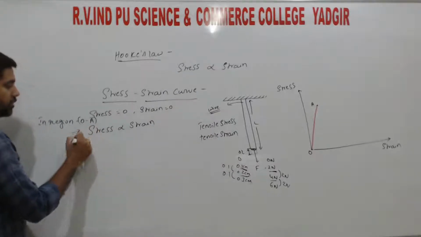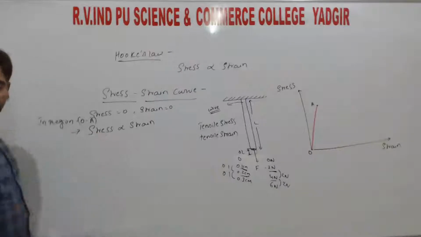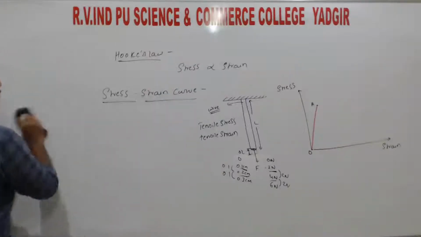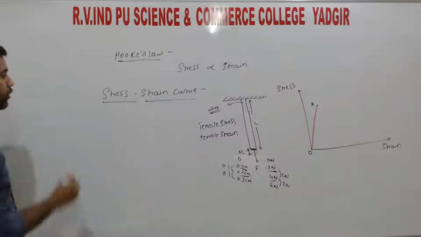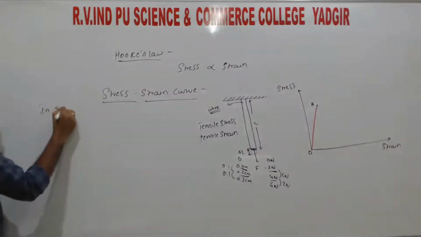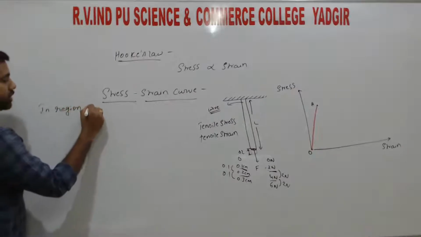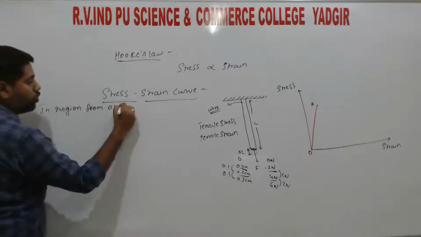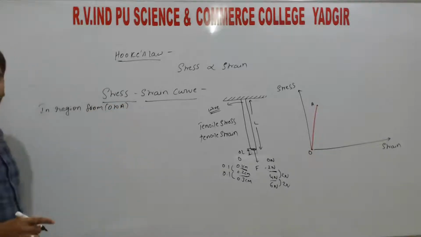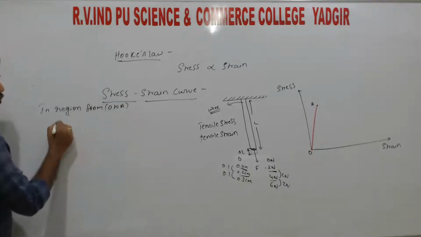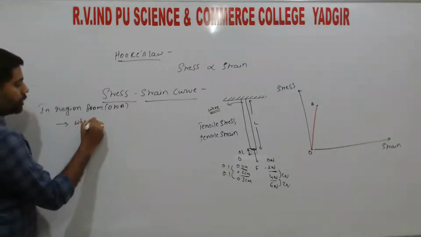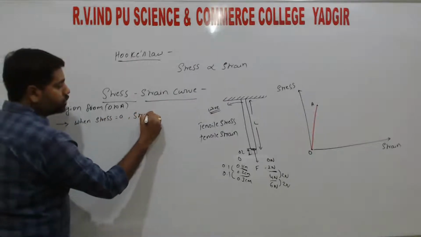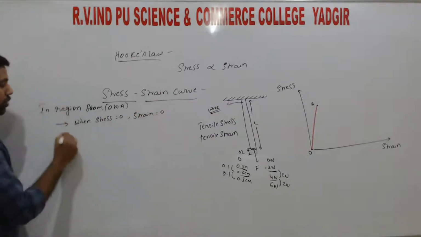So in this region it obeys Hooke's law, or you can make points like: in the region from O to A, that is from point O to point A, when stress is equal to 0, strain is equal to 0, right?